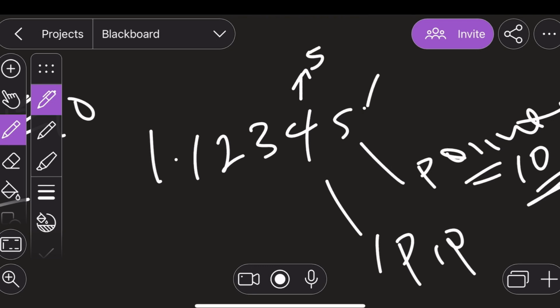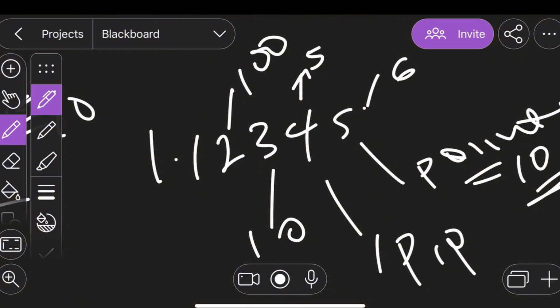If this one moved from 5 to 6, that means the market has increased by 1 point. Now, if these 3 move, that means the market has increased by 10 pips. If this one moves, that is 100. If this one moves, that is 1,000.